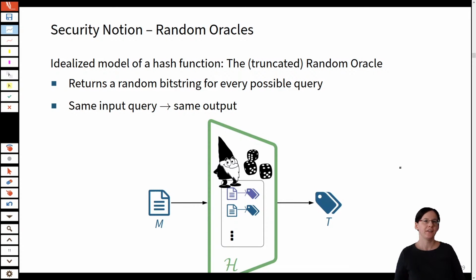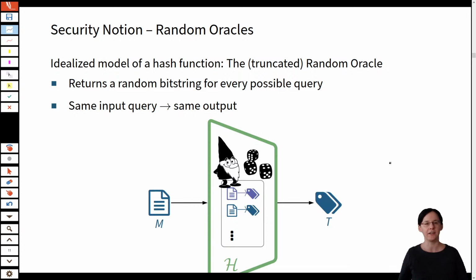Now, unfortunately, in reality, of course, we don't have any magic dwarfs that can do this for us, so we need to instantiate it in some way. And in general, we consider a hash function secure if we cannot distinguish it, in terms of behavior, from a random oracle like this. In the sense that all we can say about the hash function is, if I give it this message again, it will produce the same output, but I cannot say in advance what the hash value for the next message will be without actually trying it.